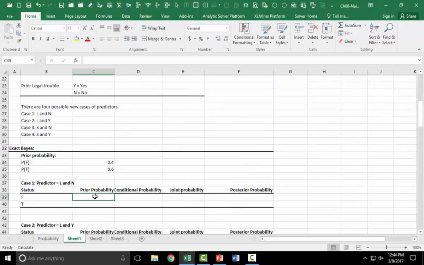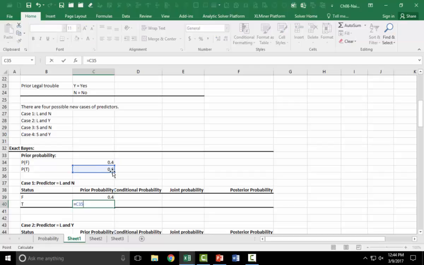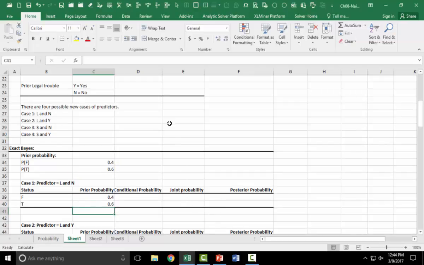Okay, so those are the two prior probabilities. Now we want the conditional probability.